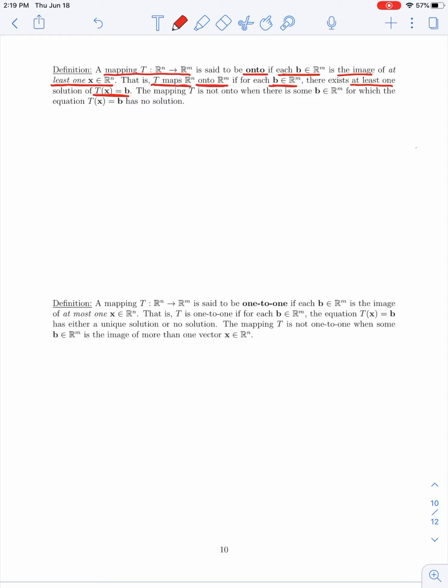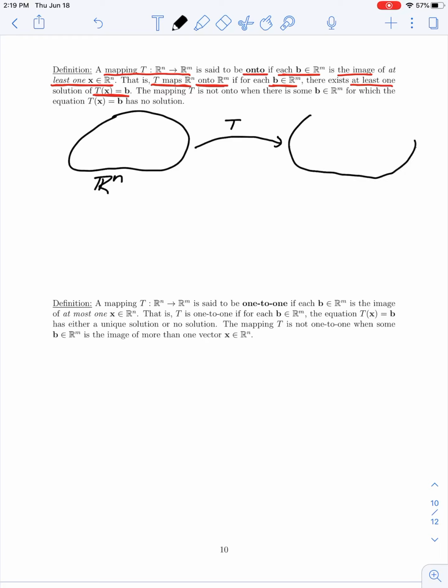So the first time you see this definition, it might seem a little bit tricky, but let's try to visualize what exactly an onto mapping is. So visually, let's say that we have a space Rn, and we have a transformation T with Rn as its domain, and it's mapping into the codomain Rm.